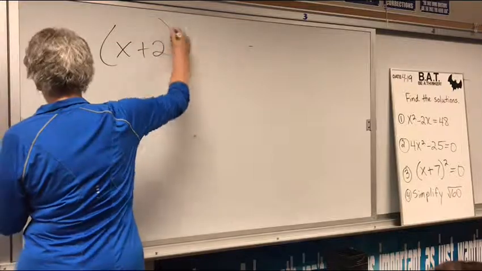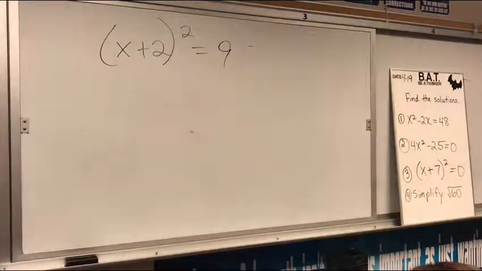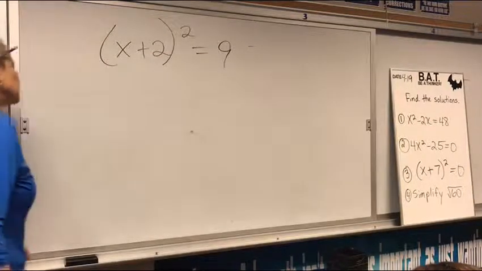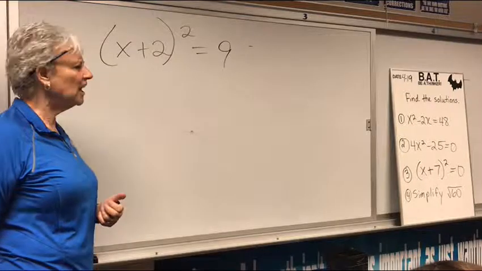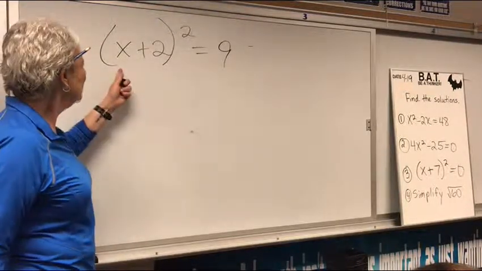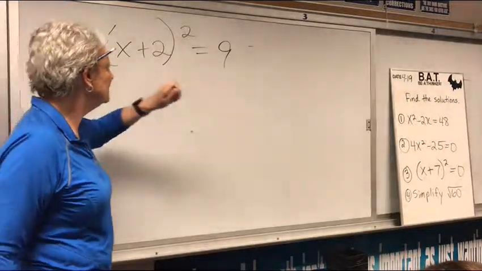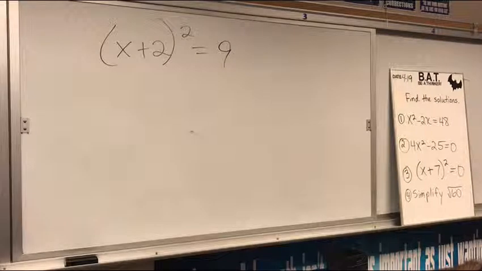x plus 2 squared equals 9. Now you can mentally do that. What's the answer? 7? No, it's not. 7 times 7 is not 9. It has to equal 9, guys.